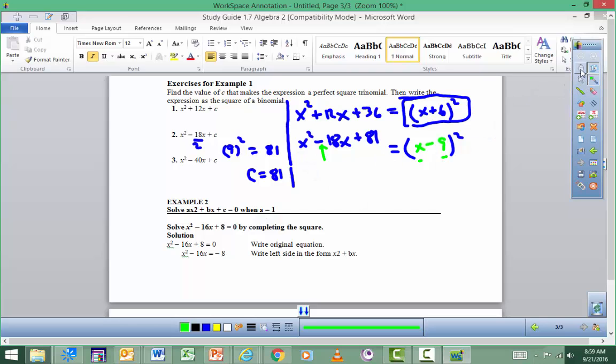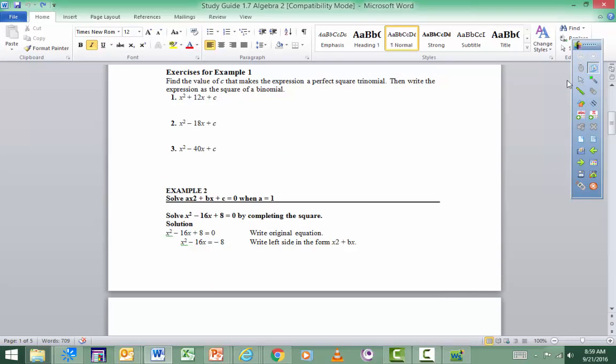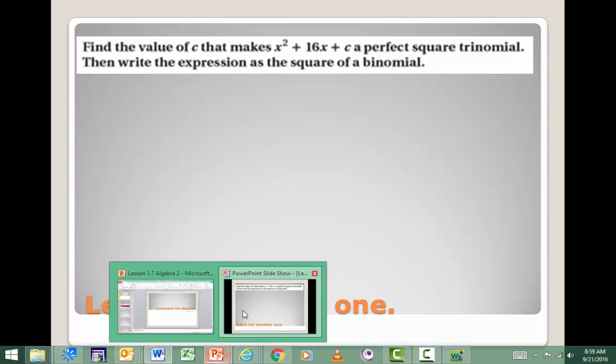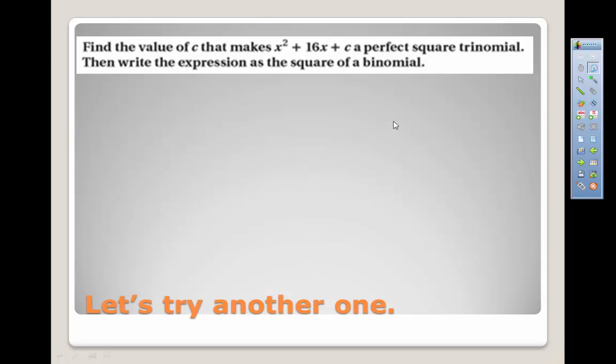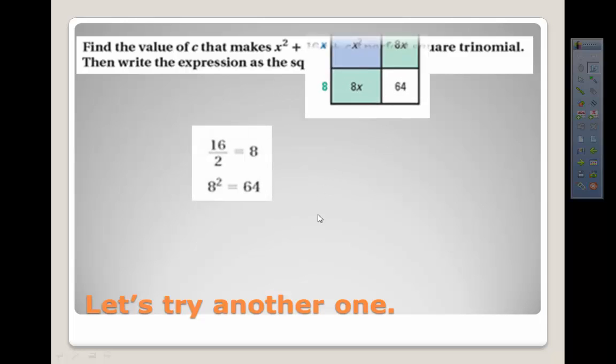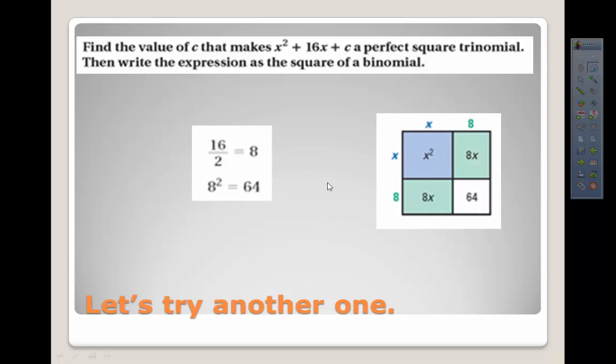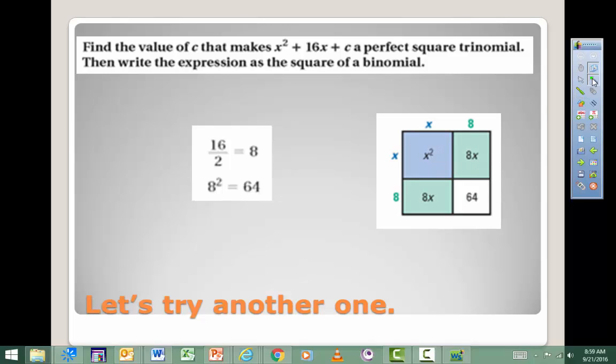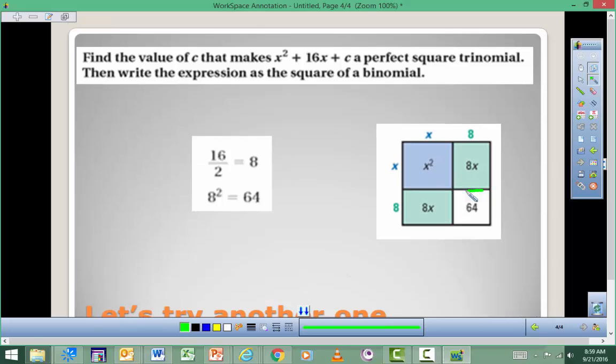Okay, so let's return to the PowerPoint now, and we'll go to the next step. Here's a little visual about completing the square and why they call it completing the square. The number that you're after is this one right here. It's like you have part of a square drawn in, and you're missing this number right here.